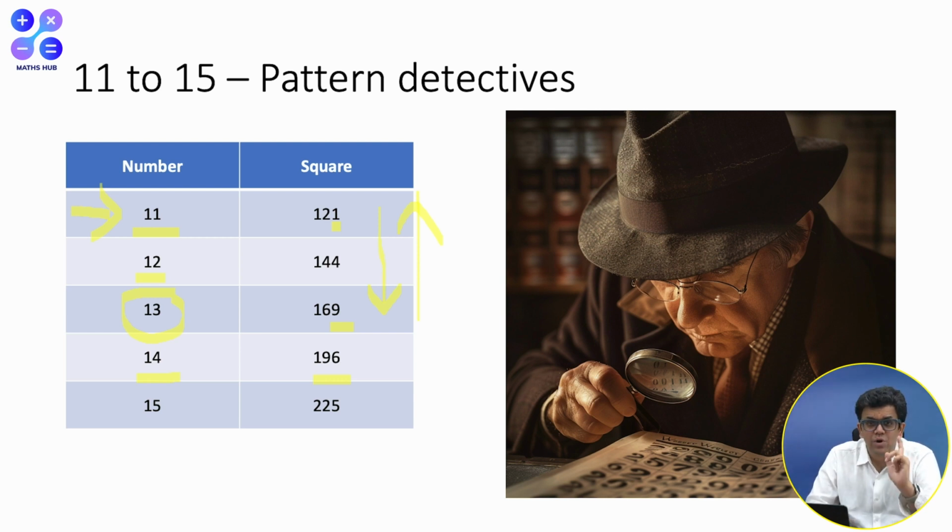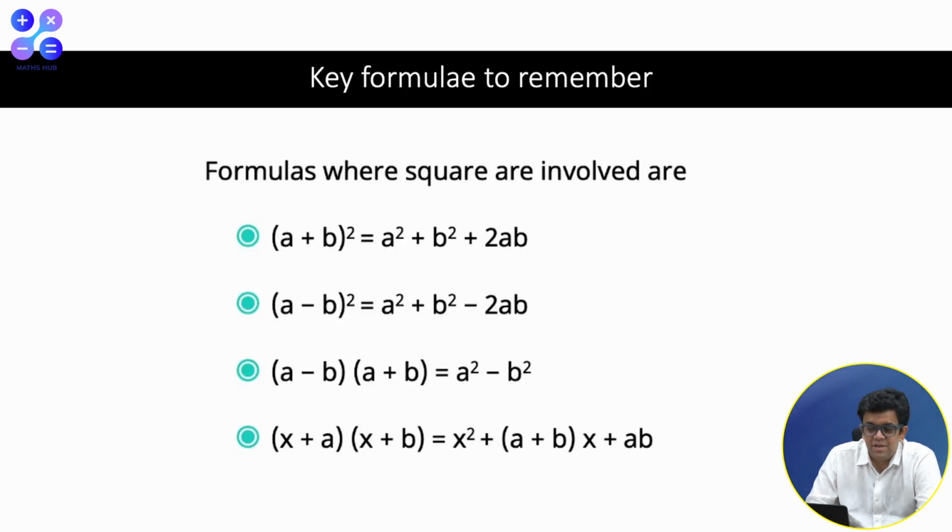Cool. Now that you understand this, now I'll come to what are the formulae to remember when it comes to calculating squares. These are my 4 formulae that I always calculate. Within this also, I would encourage you to calculate most of the squares only using these 2 formulae.